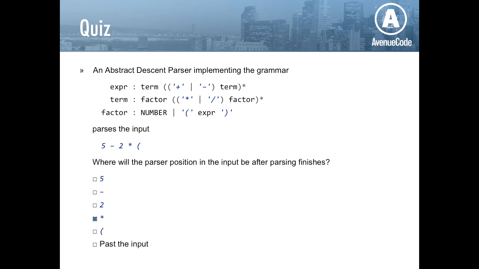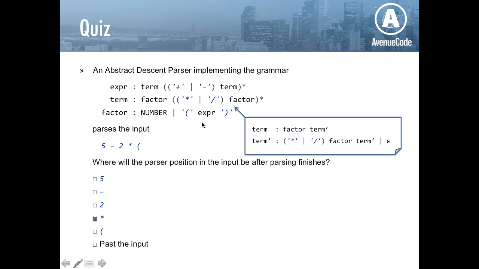The answer is at the multiplication sign. This is because it would try to match a factor here because of this open parenthesis. It would try the second rule. It would fail because it would expect an expr here and it wouldn't match anything. So it would fail, and it would go back to our term rule, and it would backtrack everything here because remember that the 0 or more construction in BNF is like this.